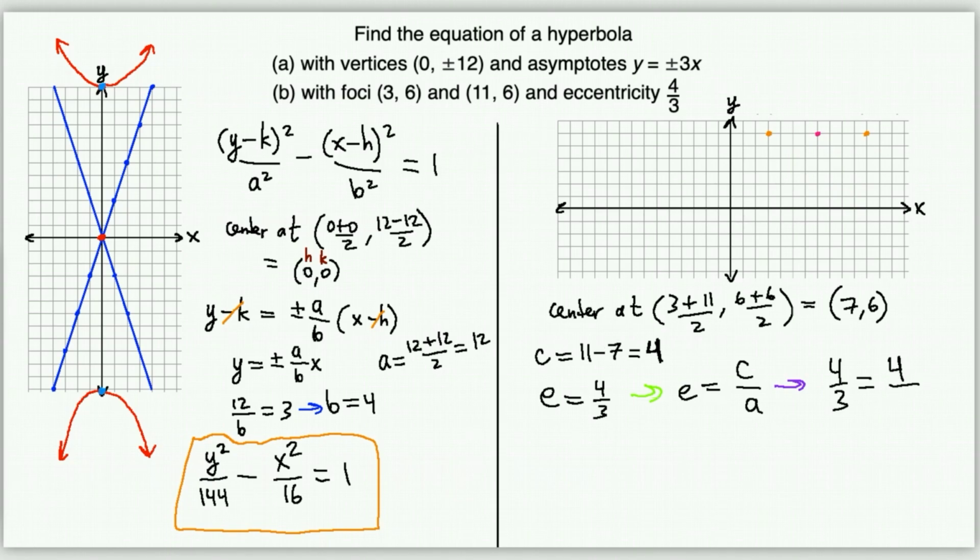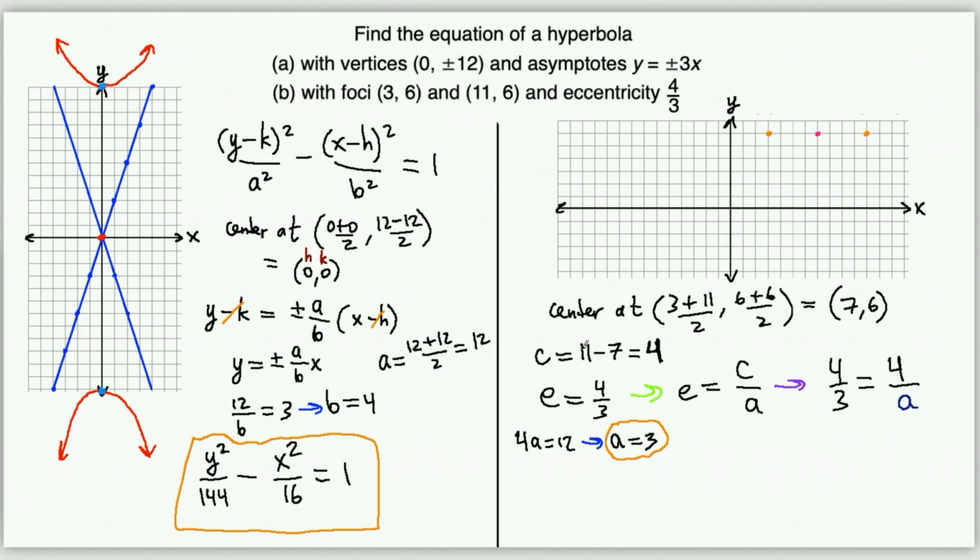So you can solve for the missing piece here. The missing piece is a, right? So what is the a value? If you cross multiply, 4a is equal to 12. That means a is equal to 3. Bingo. All right, so let's circle the information that we know. So a is equal to 3.